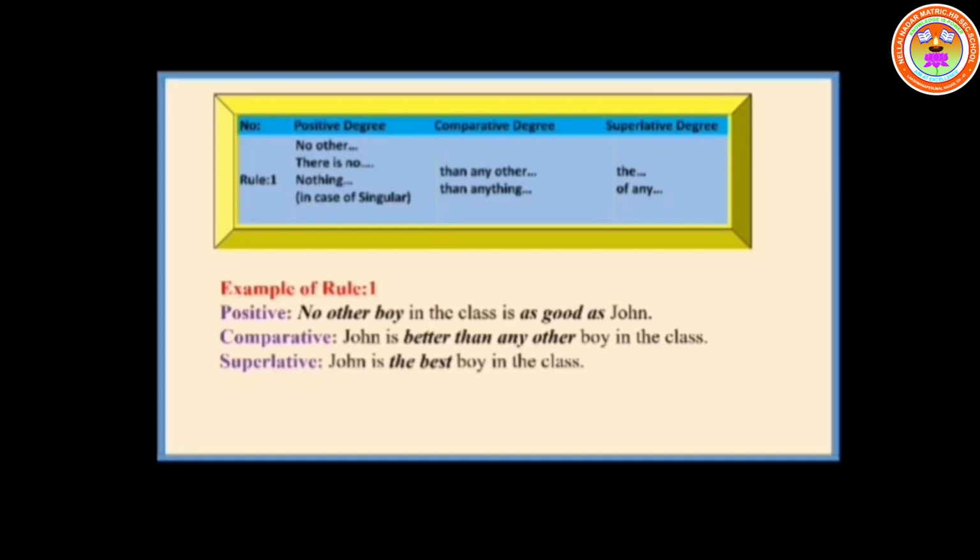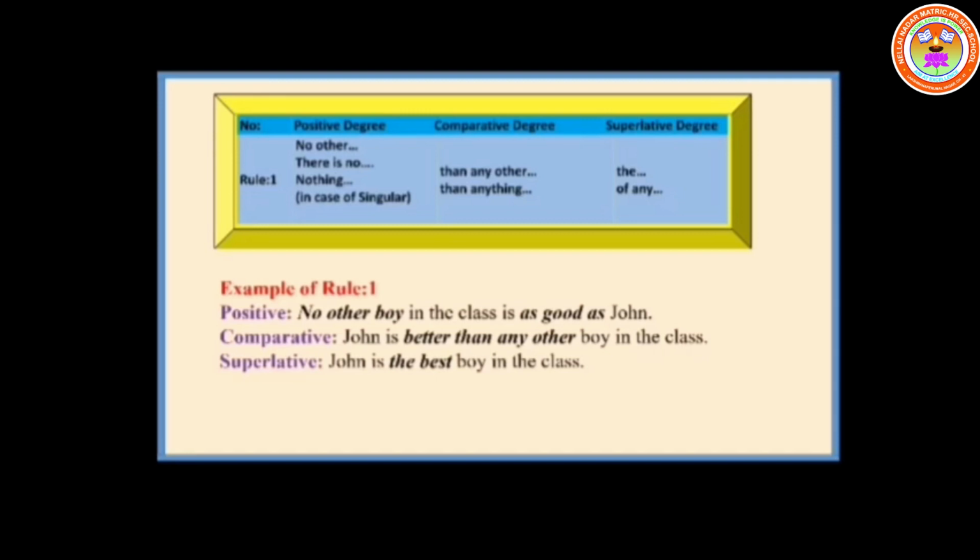In the positive degree: no other boy in the class is as good as John. No one is as good as John. In comparative degree, you see, "no other" has come in the positive degree. When it is transformed to comparative degree: John is better than any other boy in the class.